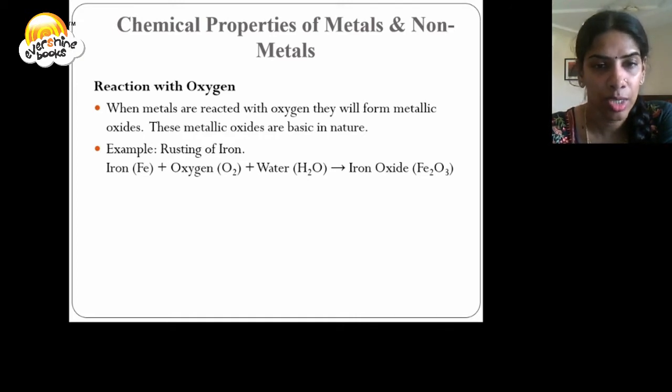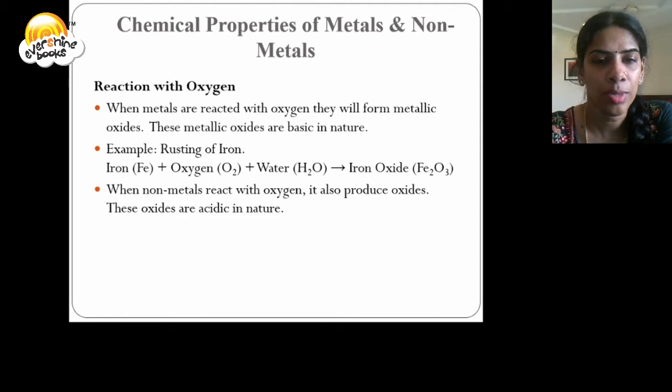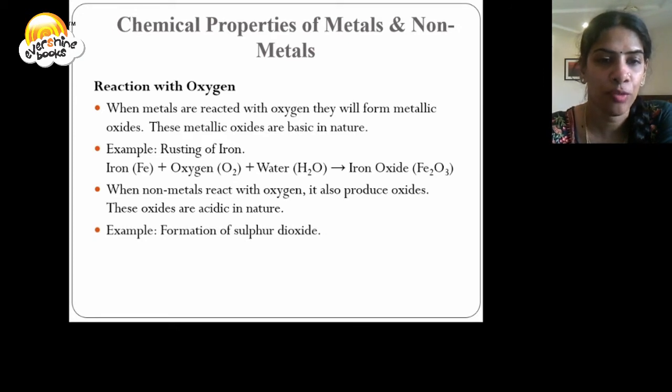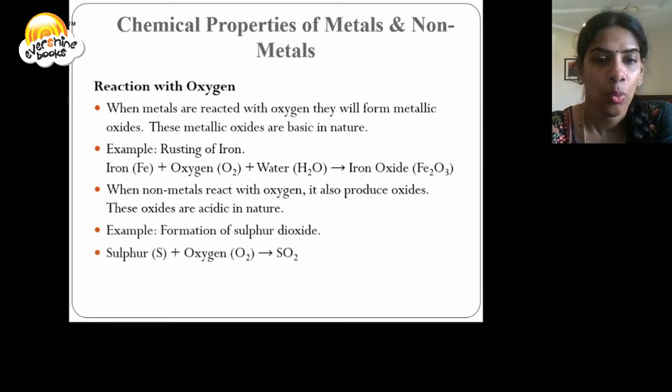This iron oxide is a metallic oxide because iron is a metal. When non-metals react with oxygen, they produce oxides. These oxides are acidic in nature. These are non-metallic oxides. Example, formation of sulfur dioxide. When sulfur reacts with oxygen, it gives sulfur dioxide.